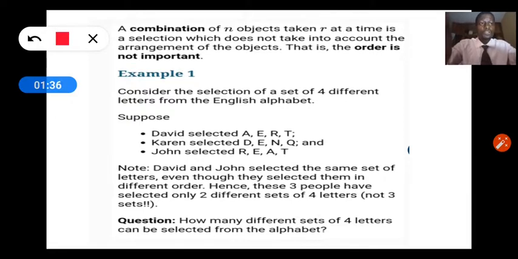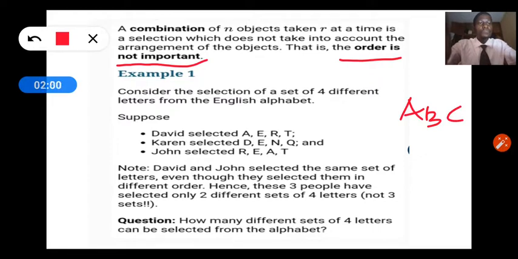In permutation, remember I told you that order is very important. The order of arrangement of objects is very important. But here in combination, order is not important. That is why you see this last statement here, very, very important: order is not important. Here, in combination, ABC is the same thing as ACB.